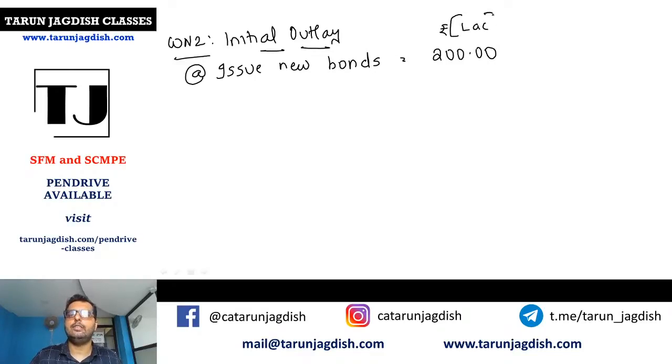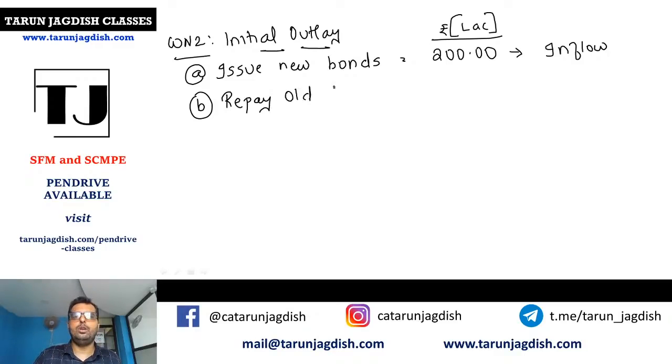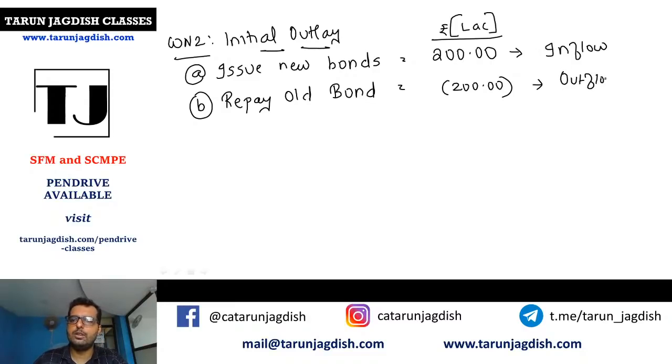I'll give a heading called rupees in lakhs. Is this inflow or outflow? This is inflow. Point number B, I will repay the old bond. So when I repay the old bond, it will turn out to be minus 200, which will be the outflow.